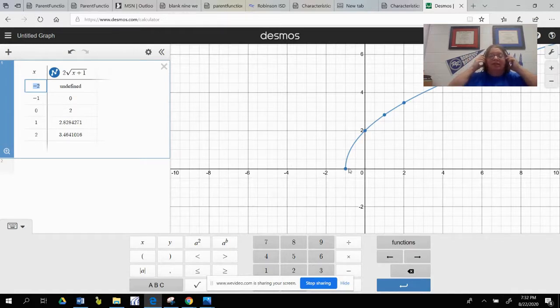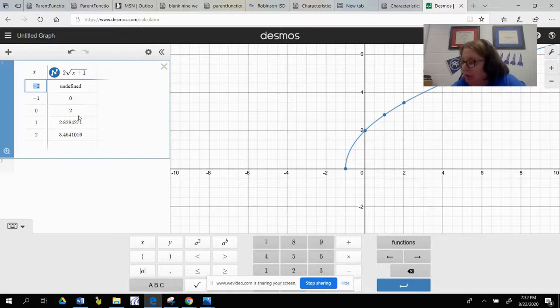That function doesn't extend to -2 because the endpoint is at -1. That's why it says undefined. And that's going to happen with your square root functions because they have an endpoint. They don't keep going both directions. Anything that's past that endpoint that's not included is going to say undefined. If you have a TI 84 or 83, it might say error. If you have an Inspire, it says undefined. Desmos is going to say undefined.